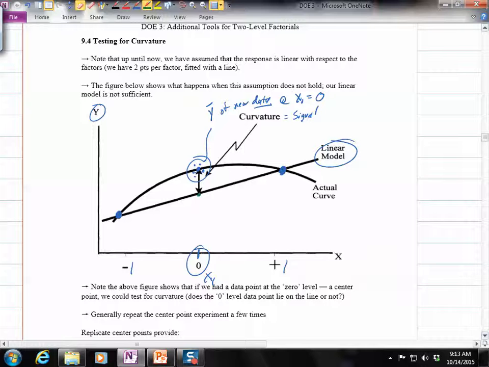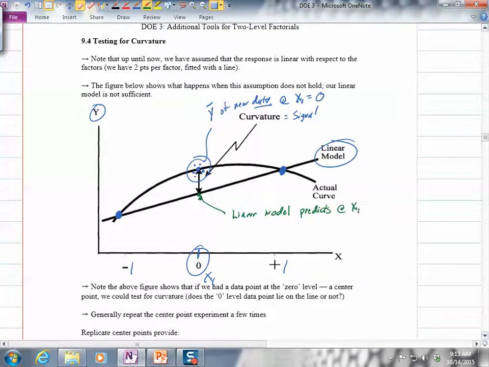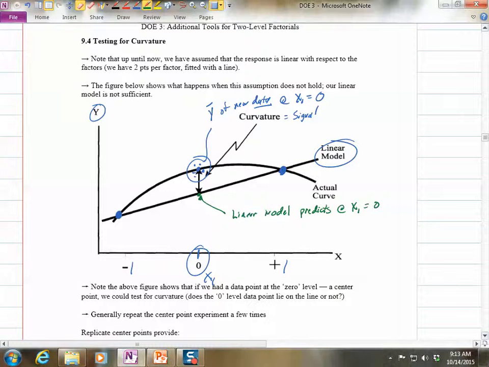And this other part, the other side of our signal, is what our linear model would predict at the same location. Is everyone okay with those descriptions in words? The average of our new data points from our experiment when we set x1 equals 0 and we measure y, those are those points. And this guy right here is the prediction of this linear model at x1 equals 0. Is everyone okay with that?